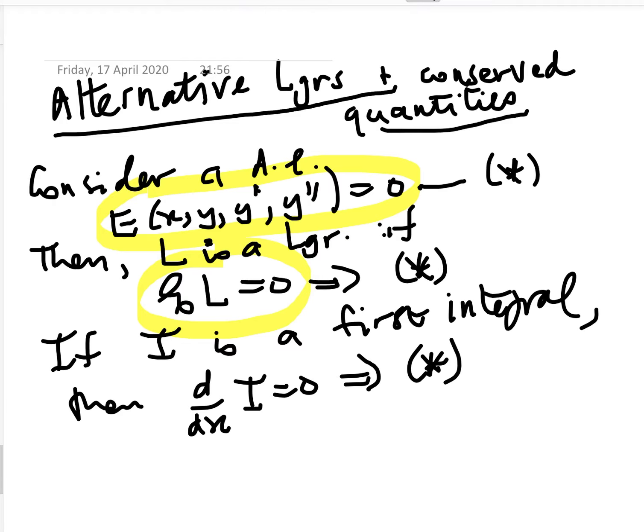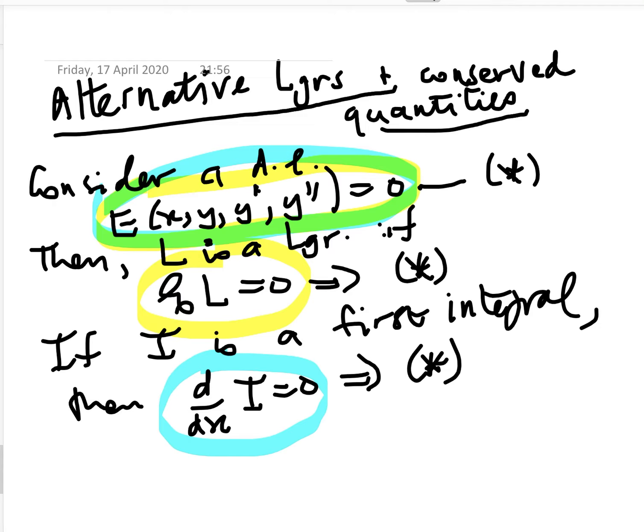So in this case, this conservation law for some I is equivalent to star. So there's two aspects here. There's the Lagrangian that comes from the Euler Lagrange operator, and there's the first integral that comes from a conservation law.